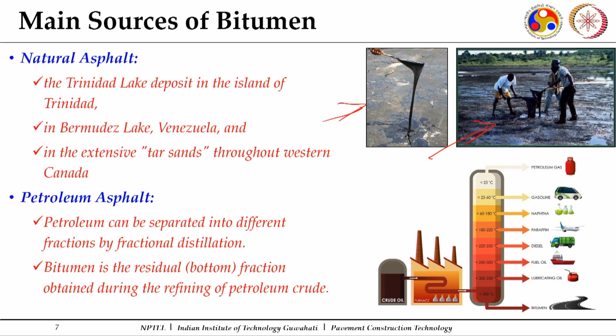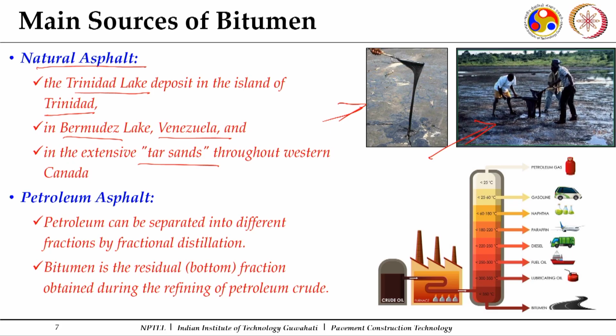This was used earlier, before the refining process became popular. After that, because of the good quality and the abundant quantity available through crude refining, this became less popular. There are certain natural sources of natural asphalt also, like one example is Trinidad Lake in the island of Trinidad, then Bermudez Lake in Venezuela, and there are certain sands in Western Canada where also a good deposit of natural asphalt is there.